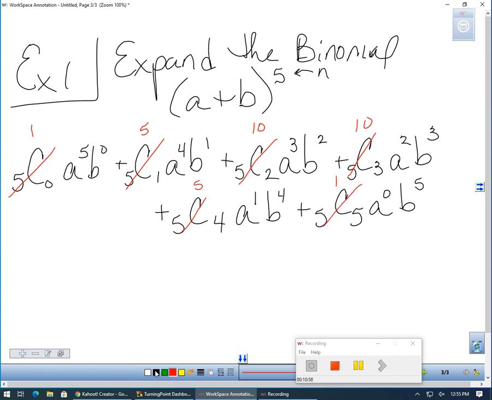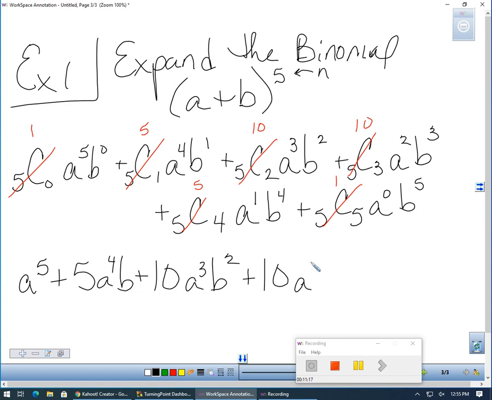Alright, so let's write this out. We have 1, a to the fifth, b to the 0 is 1, plus 5, a to the fourth, b, plus 10, a to the third, b to the second, plus 10, a to the second, b to the third, plus 5, a, b to the fourth, plus b to the fifth.